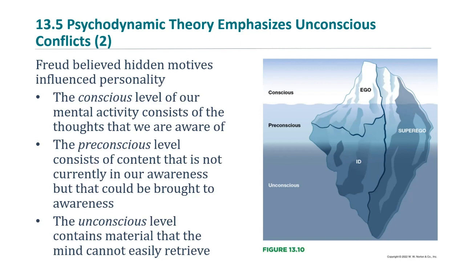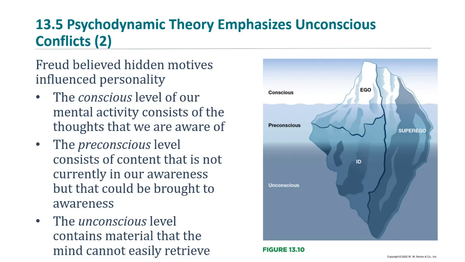The conscious level of our mental activity consists of the thoughts that we are aware of. The preconscious level consists of content that is not currently in our awareness, but it could be brought into our awareness. So the preconscious is kind of like things stored in our memory that are accessible in long-term memory.